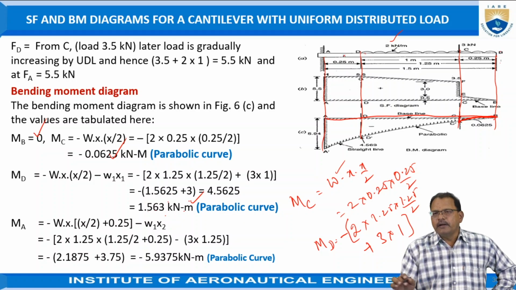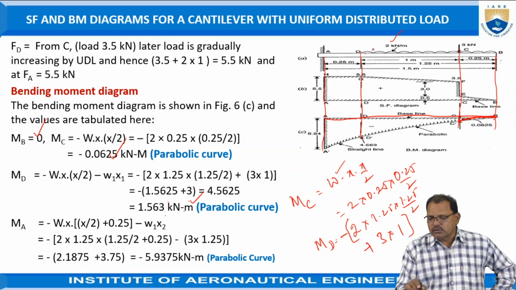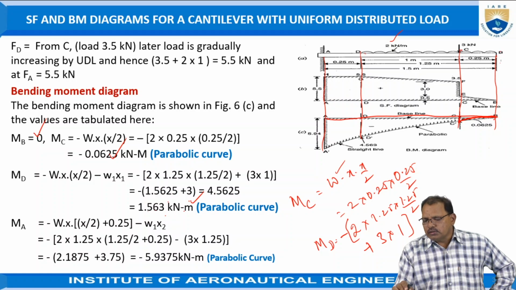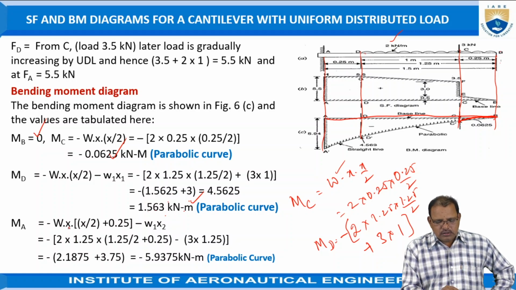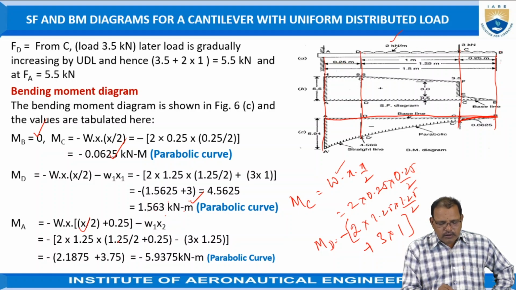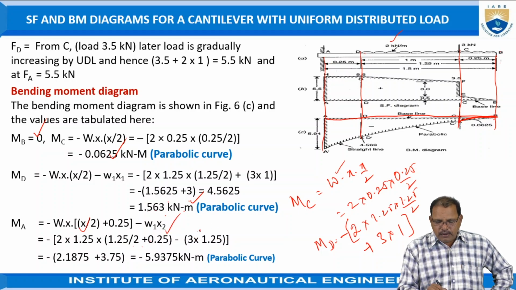Now similarly, the bending moment at point A, we have to consider the effect of point load as well as the uniformly distributed load which is acting between the points B and D, which is equal to W L, that is load is equal to 2, length is equal to 1.25. The distance is, it is acting in the middle, that is 1.25 by 2, but we are considering at a point A, hence 1.25 by 2 plus 0.25 we have to consider, minus point load is equal to 3 into 1 meter plus 0.5, 1.25 now.